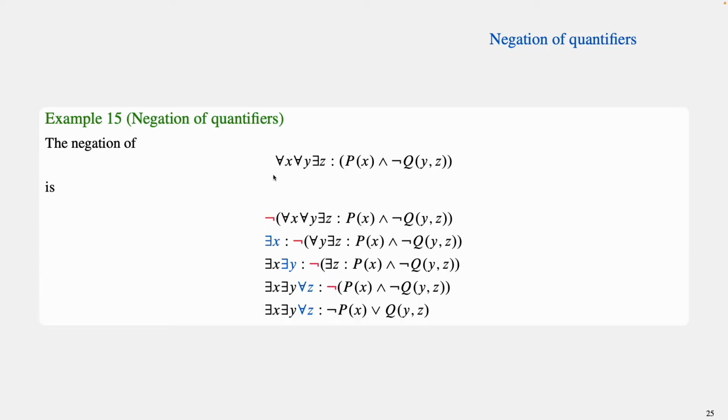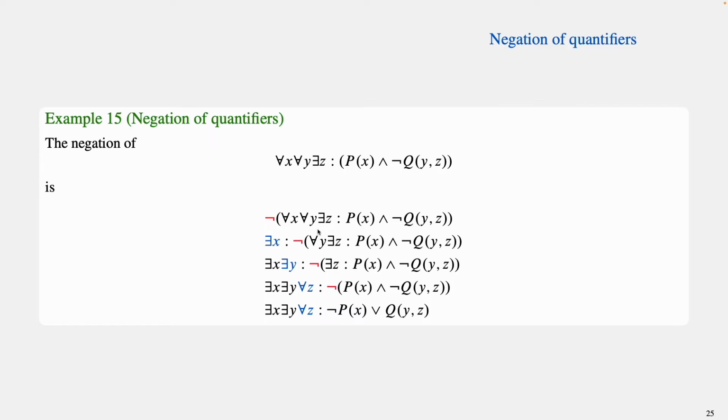Here I have another example for the negation of quantifiers. I just made up this abstract proposition of the form for all x, for all y, there exists z such that P(x) and not Q(y, z). If I want to negate this, I put the whole proposition in parentheses and put the negation symbol in front of it. Then I apply the mechanical rule for negating quantified propositions for each one of these quantifiers.